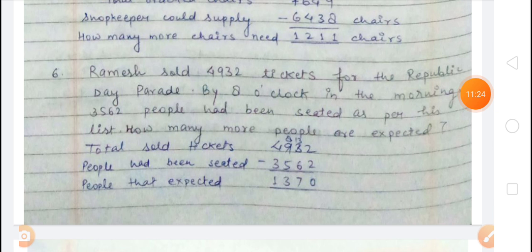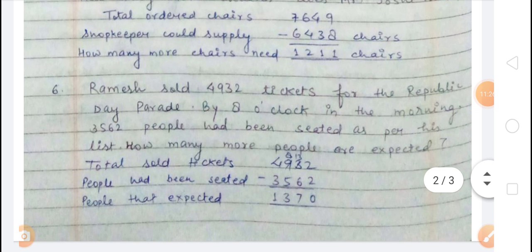Now come to question number 6. Ramesh sold 4,932 tickets for the Republic Day parade. By 8 o'clock in the morning, 3,562 people had been seated as per his list. How many more people are expected?